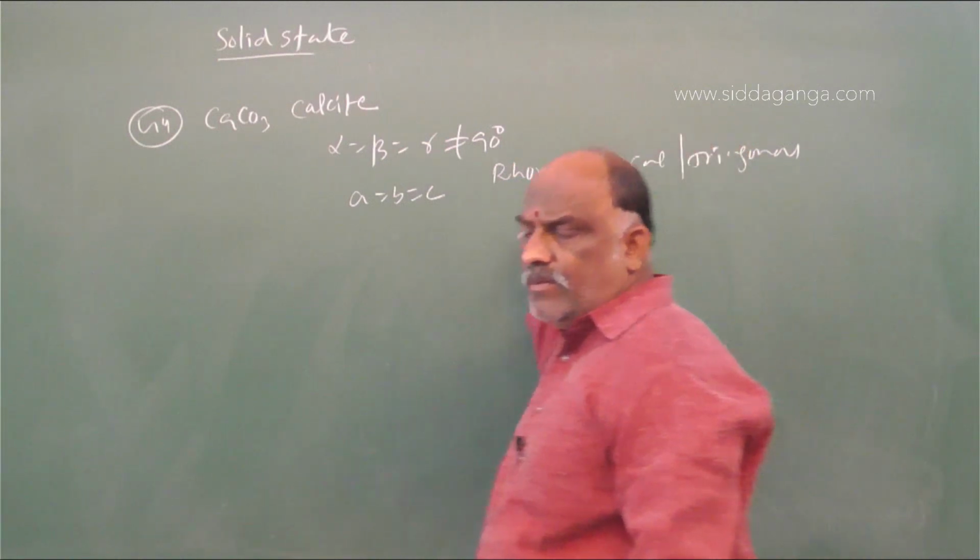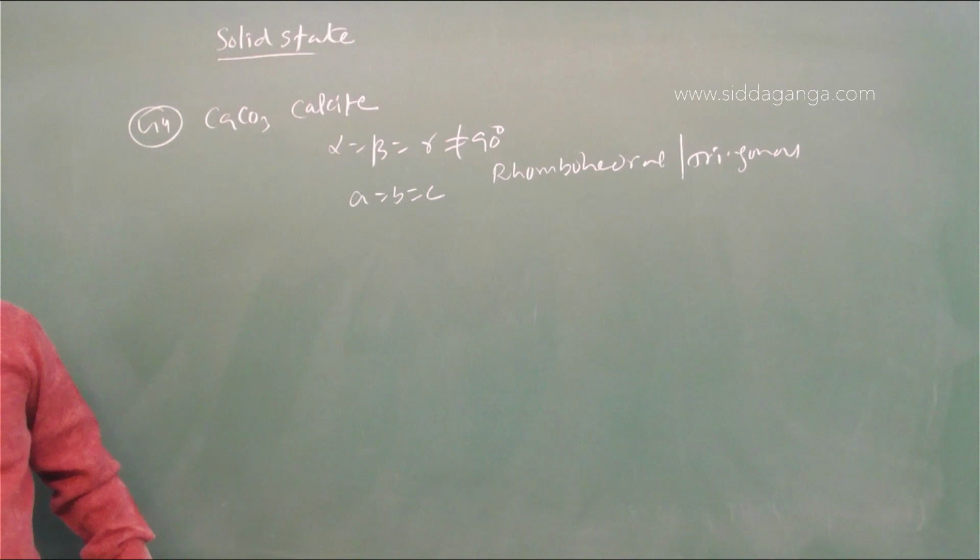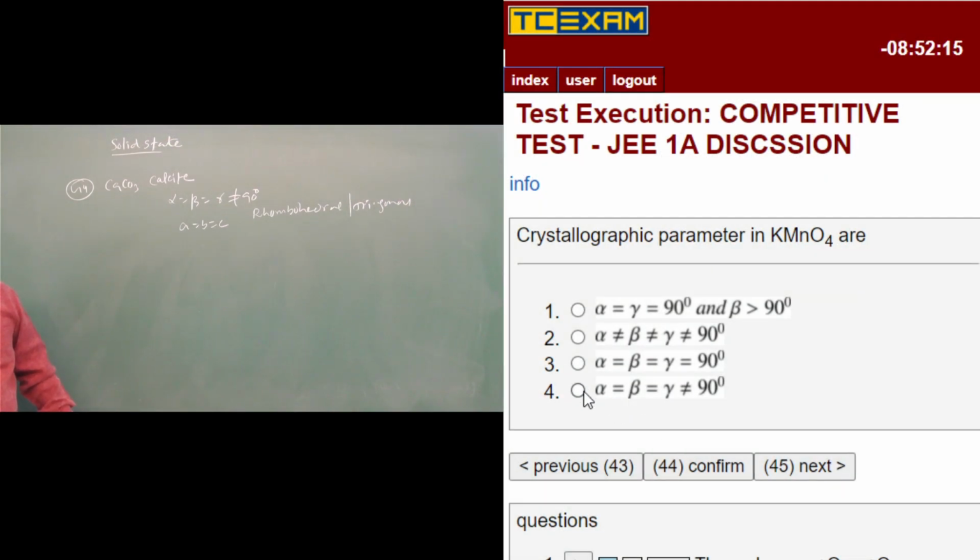It is said to be rhombohedral, or it is also called trigonal. So the answer is alpha, beta, gamma not equal to 90. This is the right answer for question number 44, calcite. And next question number 45.